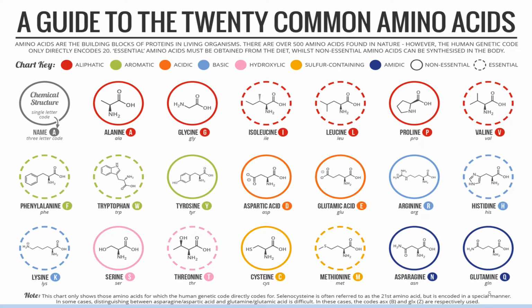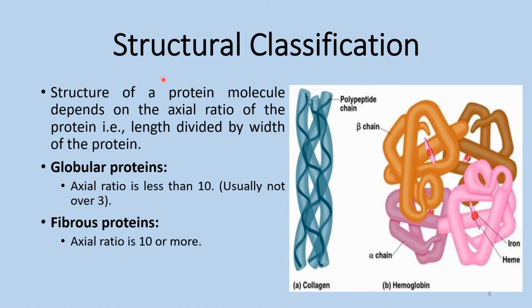globular proteins. Proteins can be classified in different ways, but on the basis of structure, they can be divided into two: globular proteins and fibrous proteins. Globular proteins have an axial ratio which is less than 10, and usually it is not over 3, while the fibrous proteins have an axial ratio of 10 or more.